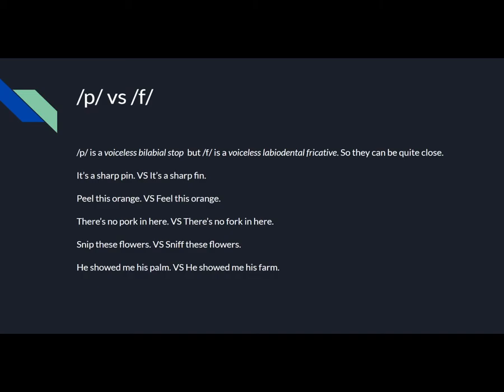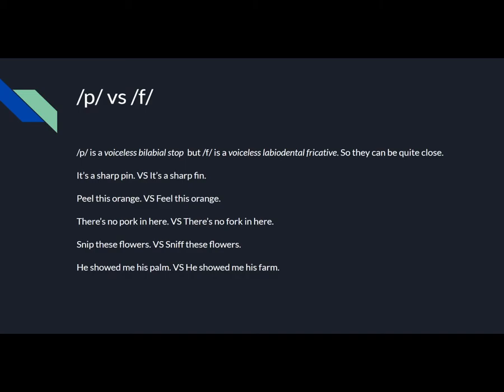But F, the f, is a voiceless labiodental fricative. We're using our lips and our teeth and creating some friction there. So they can be quite close. We have to make sure we put our lips together for p, but for f, you can see, the teeth go on the bottom lip. So, f, f, f.